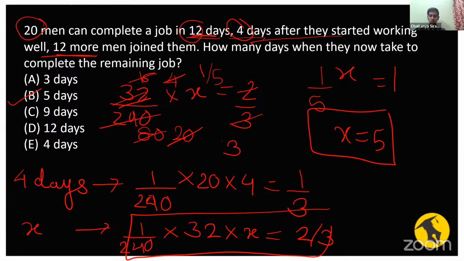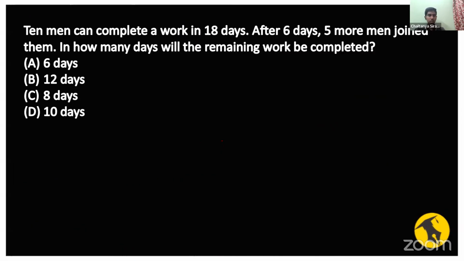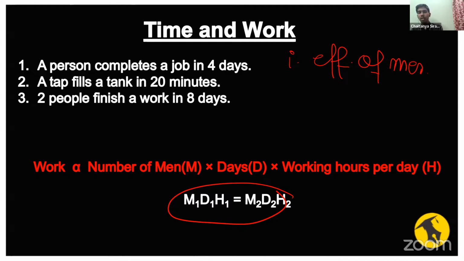All right. So as we come to the end of the class, I'll quickly revise what we did. We did these questions. First type of question where we find efficiency of men and simply find out number of days. You can add their efficiency, you can subtract, or maybe together is given and individual is asked, individual is given and together is asked.